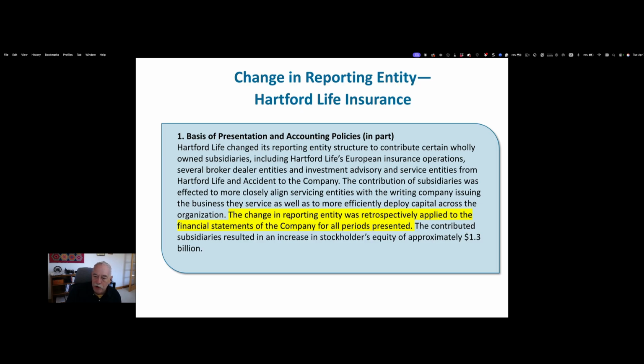The change in reporting entity was retrospectively applied to the financial statements of the company for all periods presented. So we changed the reporting entity and we're reporting the financial statements as if the reporting entity had been that way in all comparative years. And then we explain what was the effect on stockholders' equity of approximately $1.3 billion.